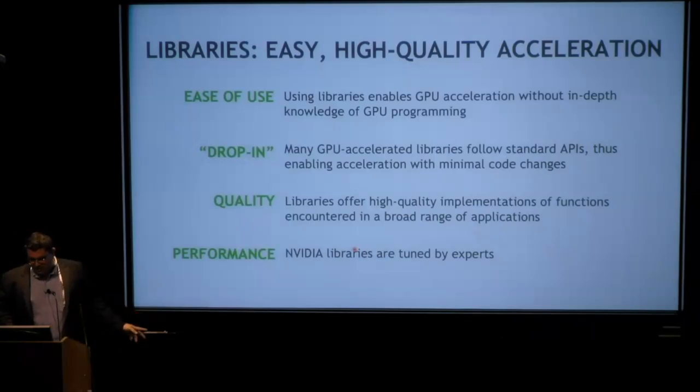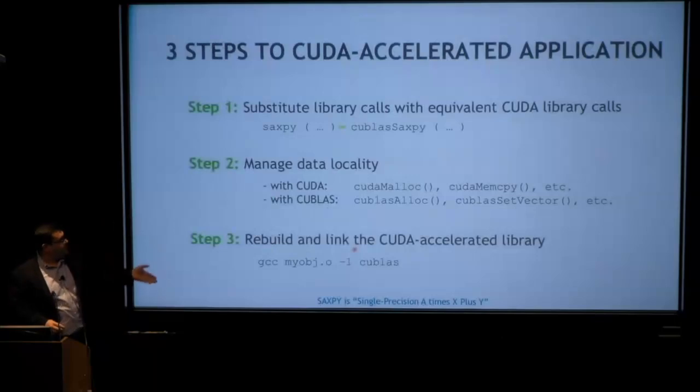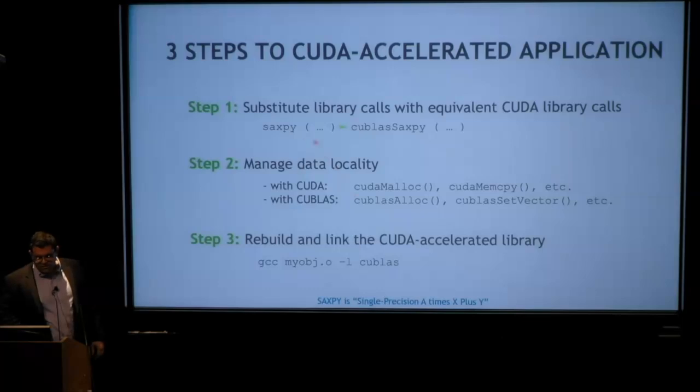And so what does it look like? We're going to look at a brief SAXPY example. That's single precision A times X plus Y. Here's the CPU call, and here's the equivalent CUDA library call. That's what I mean by drop-in replacement. Now you may also have to manage data locality.